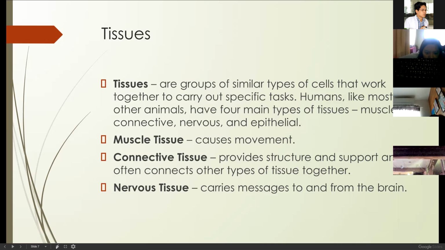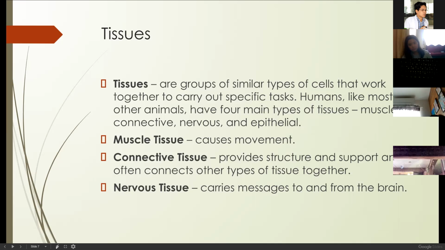If you group your nerve cells, it will create a nerve tissue, which carries messages to and from the brain. Where can you possibly find nervous tissues?